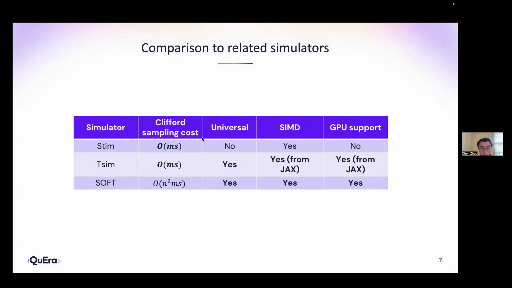Basically, you just compile the simplified ZX diagram into a JAX kernel. Once you get the diagram, I will talk more about the details of the compilation later. Thanks. Yeah.